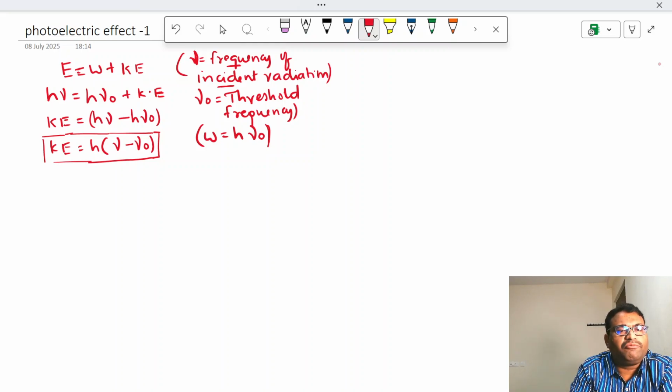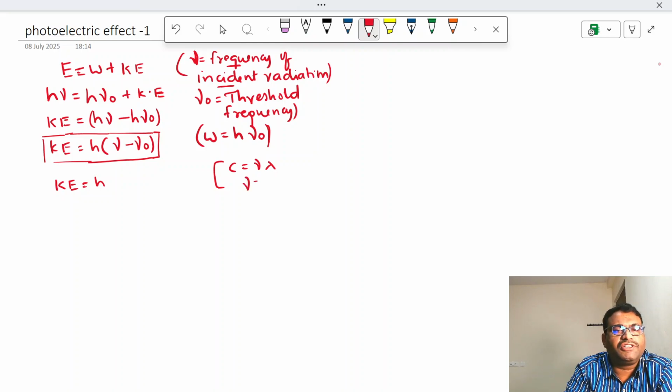So let us derive one more equation. Kinetic energy is equal to h. From the characteristics of light, we have studied that c is equal to nu lambda. What is lambda? Wavelength. Nu is equal to c by lambda. So instead of nu, I can write c by lambda.